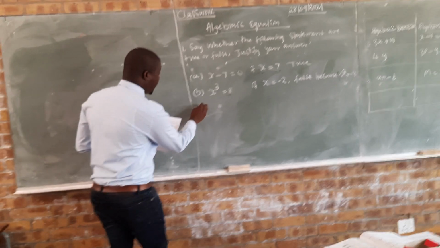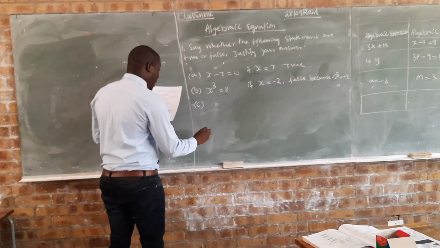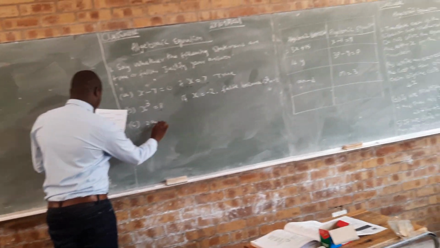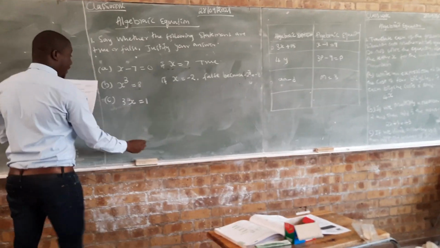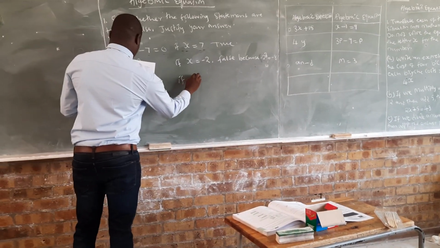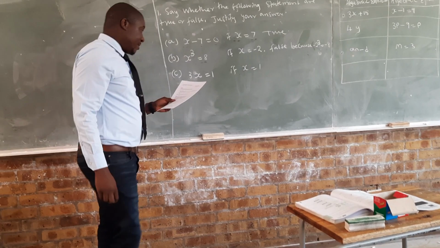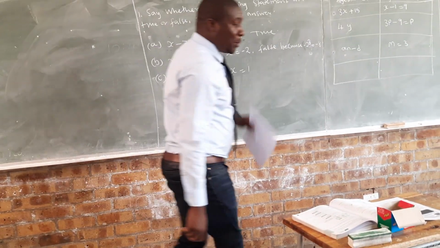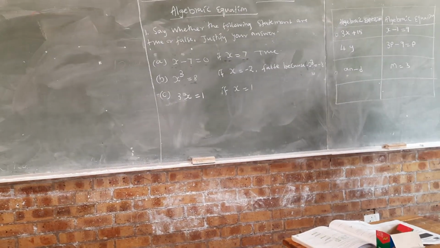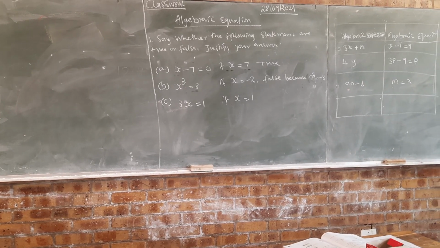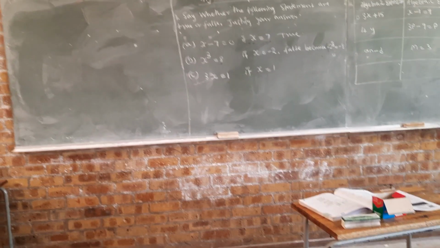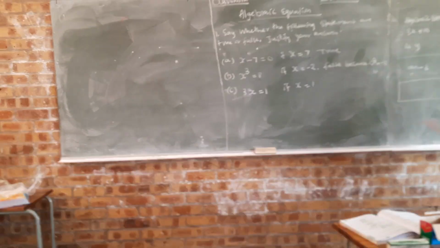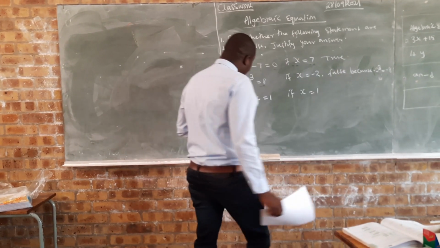So number C, we have 3x equals 1. If x equals 1, is this true or false? False. Why?